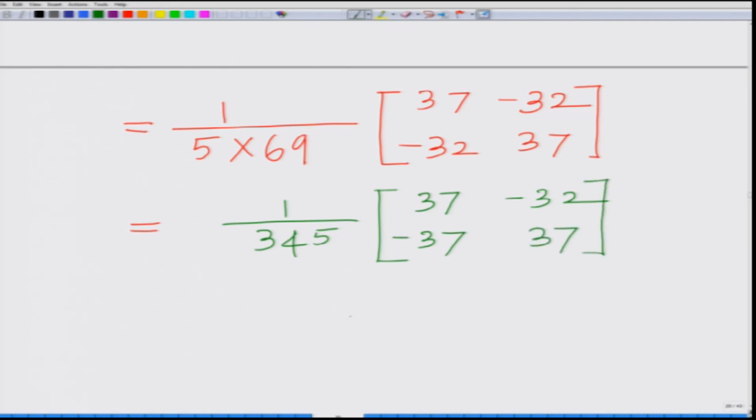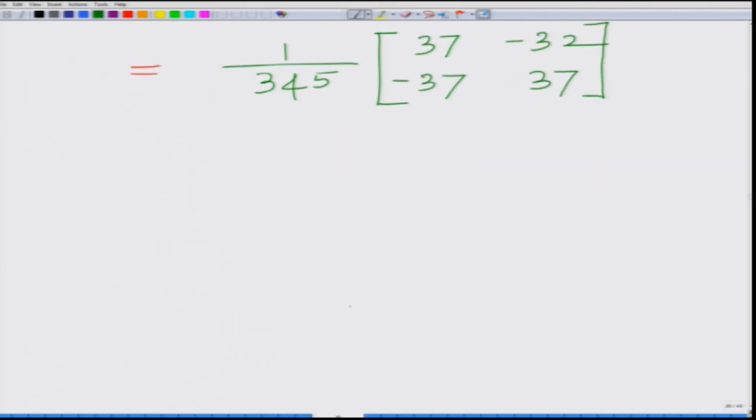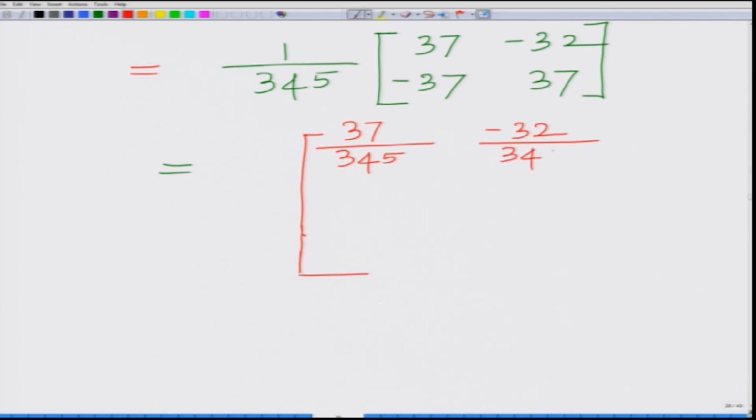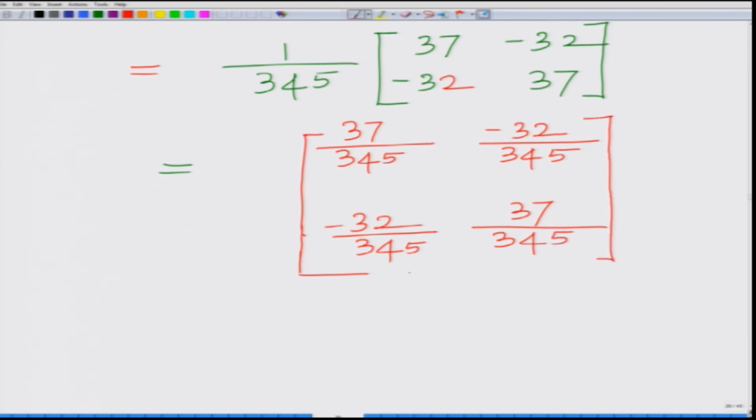Bringing this thing inside, we can write this as 37 by 345, minus 32 by 345, minus 32 by 345, 37 by 345.